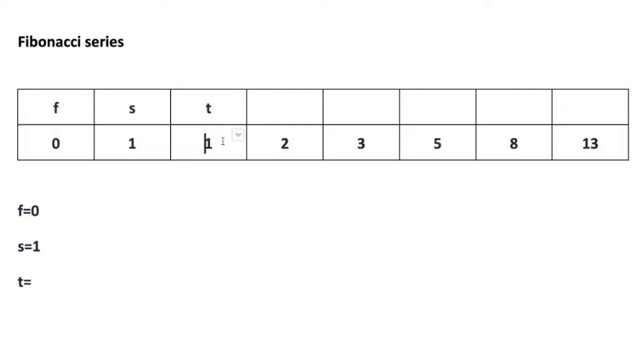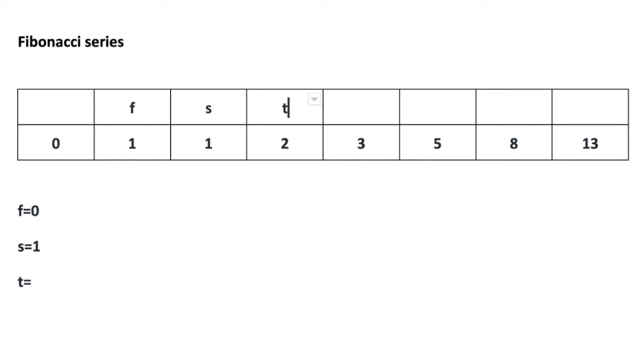And that is going to be the first for loop. So after this for loop runs one time, we'll have to repeat the same process for the rest of the Fibonacci series. So after this is done, I'll have to change the value of f and the value of s again to calculate the fourth term. To do that, I will change the first term's value to be the second term's value, and I'll change the second term's value to be the third term's value, and I'll delete the third term over here.